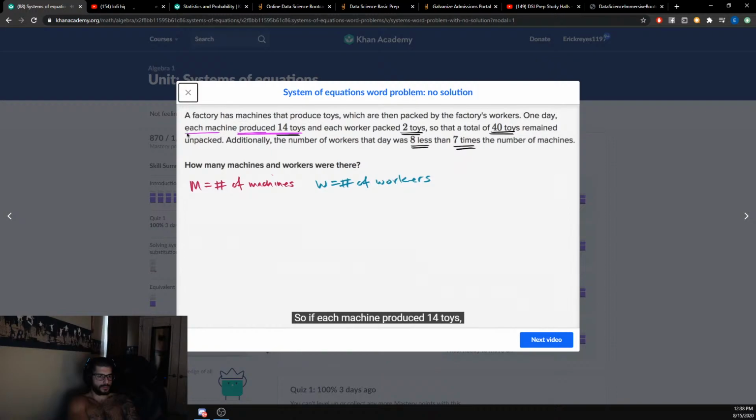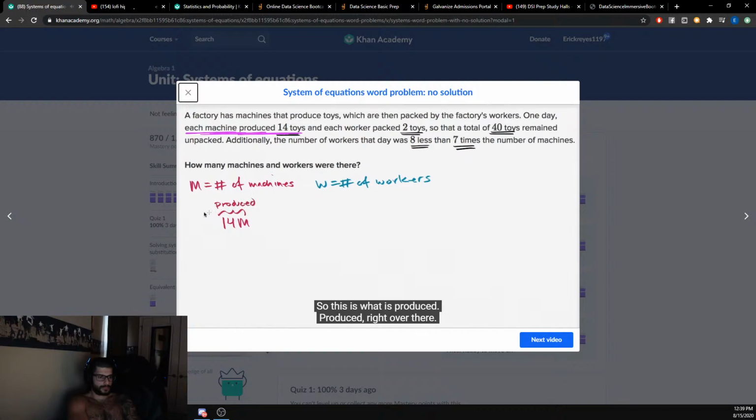The total number of toys produced is the number per machine times the number of machines. So this is 14m toys produced.